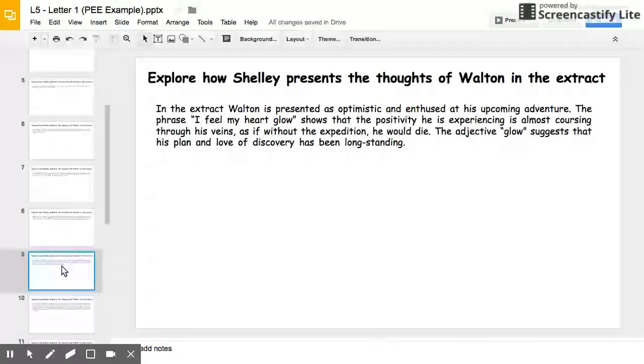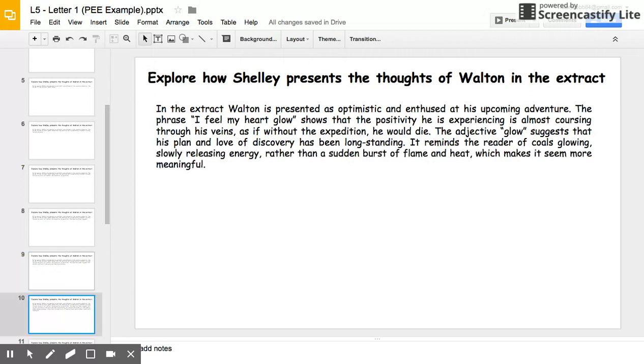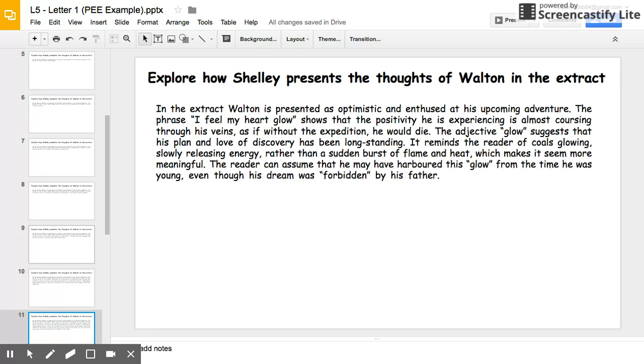I've continued with the explanation, okay, there it is. I haven't got a connective here, I've put a full stop, but I have continued it into the next sentence, and then into the next sentence. So all of that, 3-4 sentences, including keywords, including referencing the reader, about one quote.